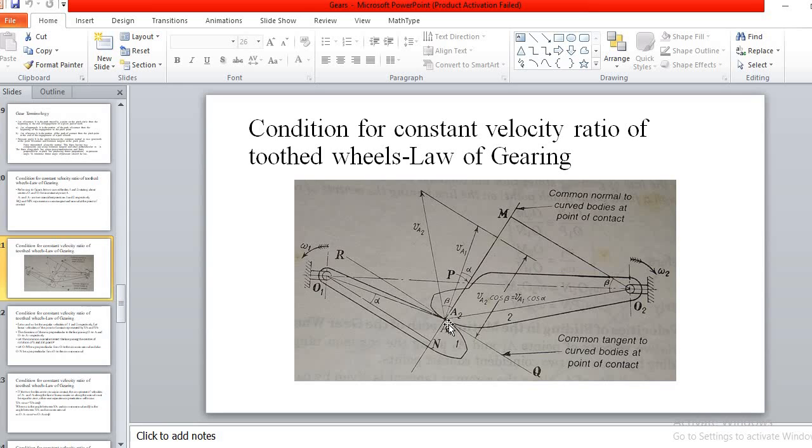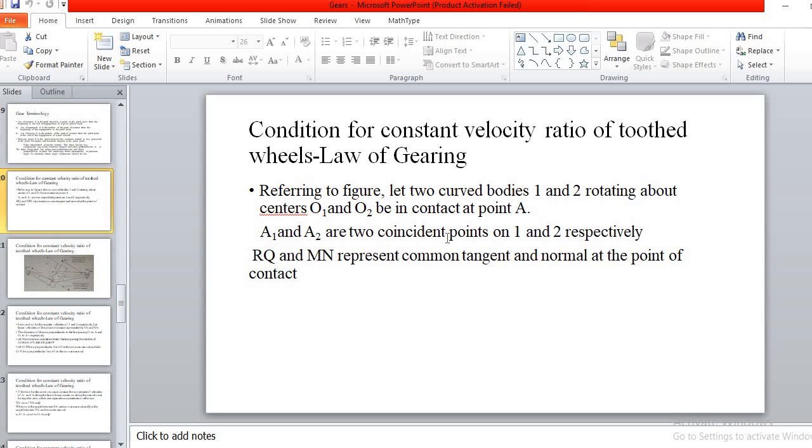In the ideal case A1 and A2 are the same, but in actual practice they are very slightly different. A1 is the point of contact on curved body 1 and A2 is the point of contact on curved body 2. These A1 and A2 are two coincident points on 1 and 2 respectively.